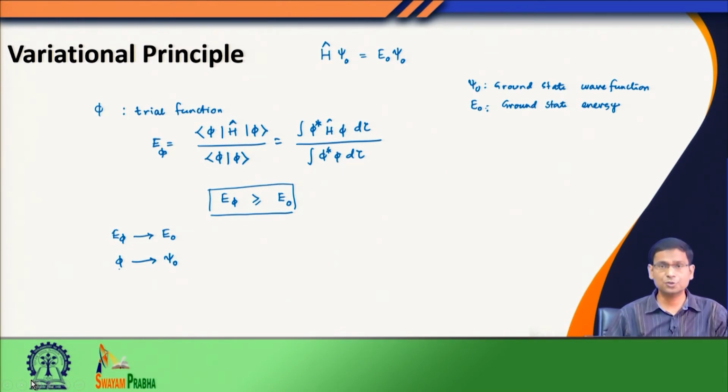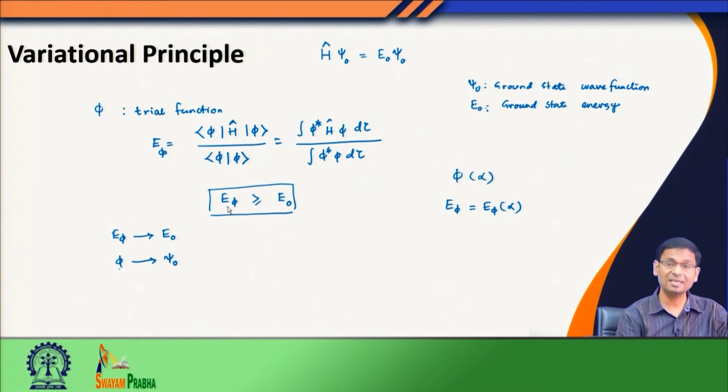Then the procedure by which we apply the variational principle is as follows. We define the trial function and a variable in this trial function that we call alpha. So, phi will be a function of alpha, just to remind you. Therefore, when I calculate this integral, I integrate out all other functions and I am left with E phi as a function of alpha.